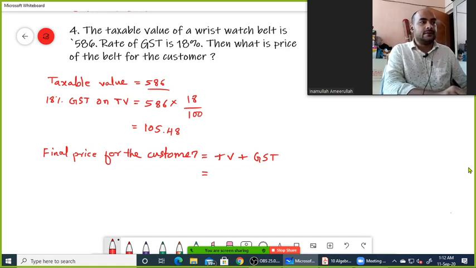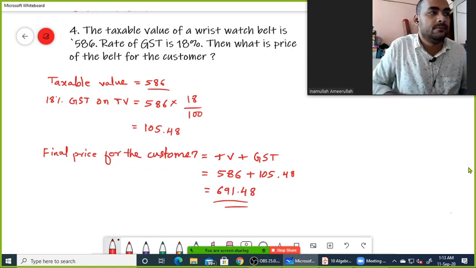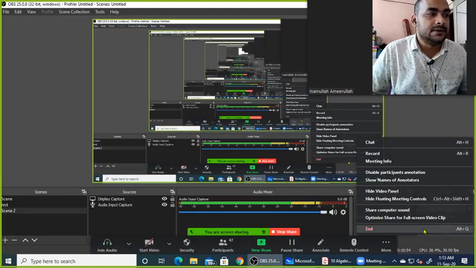So taxable value is 586 plus GST amount 105 rupees 48 paise. So together it will give us 691.48. So this is the final cost of the belt. Is it clear, everybody?